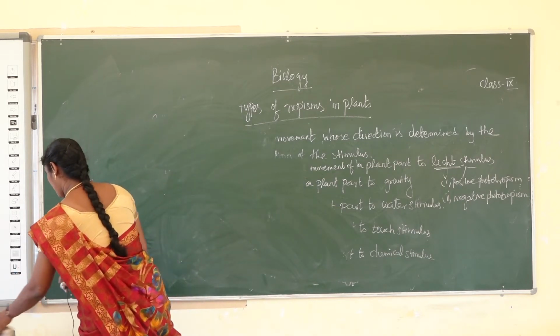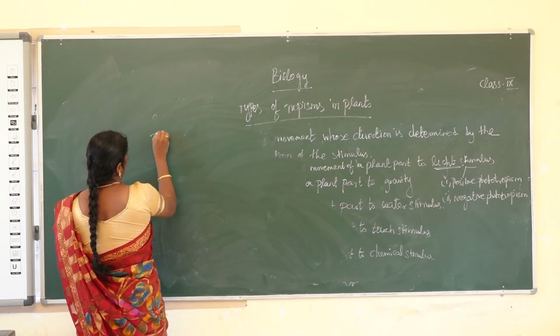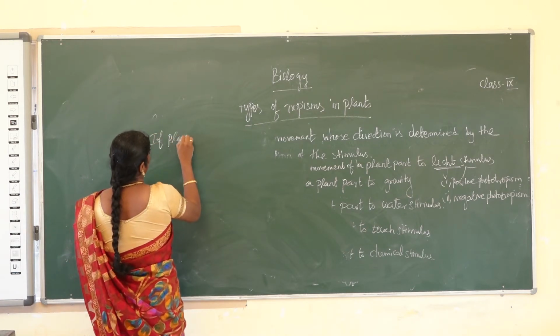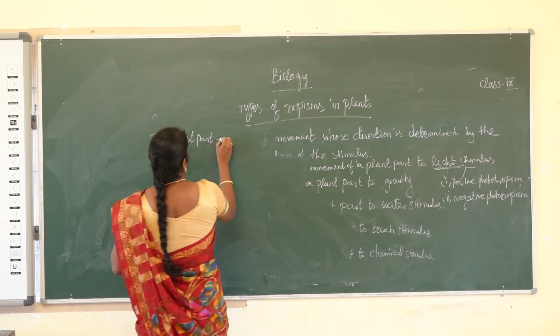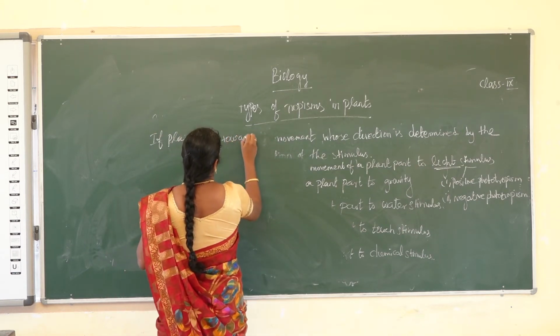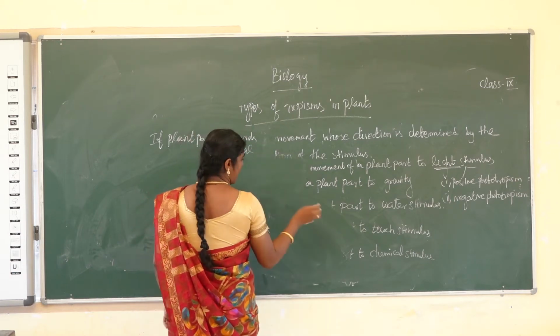If a plant part moves towards the light, it is called positive phototropism.